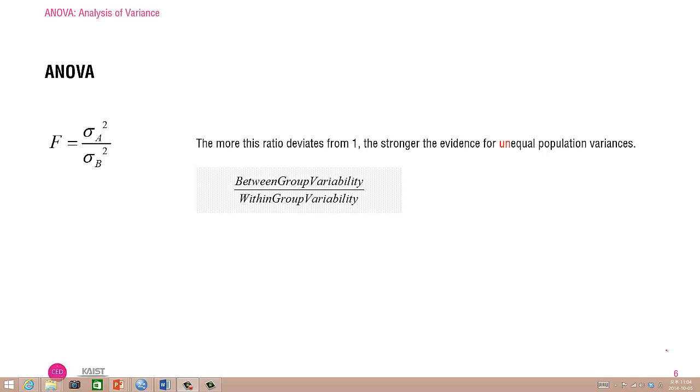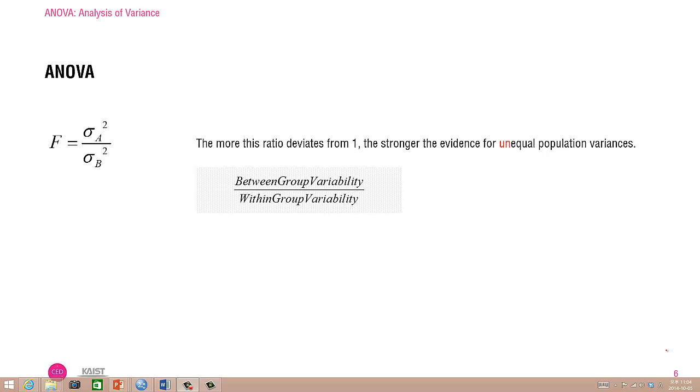Here I introduce how we calculate the F value for the between group one-way ANOVA test because it is the simplest one. The algorithms for the within test and multi-way ANOVA, such as two-way ANOVA or three-way ANOVA, are, I think, beyond our scope.